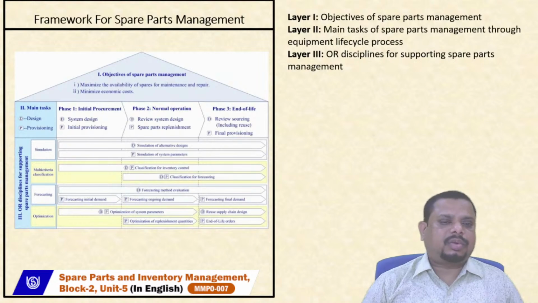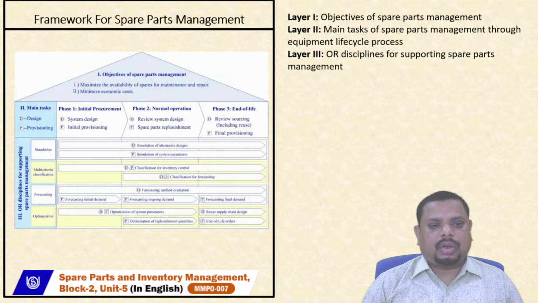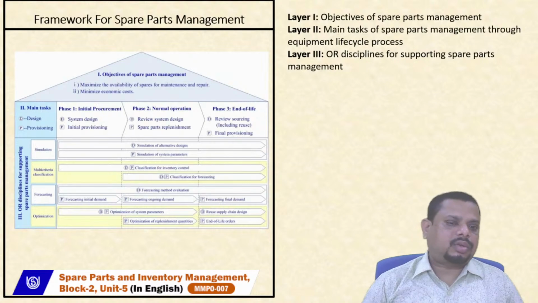After initial provision, we must go for what is known as phase two, that is normal operations. Under normal operations, you have to review the system design. That means layout of machines, number of workstations, and you have to maintain a higher gap between one workstation and another, so that material and parts can be moved from one place to another, and the operators can easily move from one workstation to another.